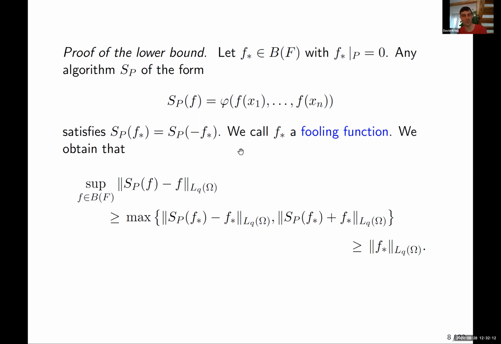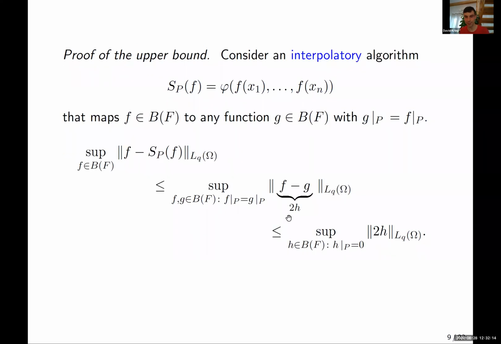And we use the convexity here when we take the upper bound. So I think you can do everything the same way if you just have a function class which is convex and symmetric, and then it doesn't matter whether the functions are real valued or complex valued.